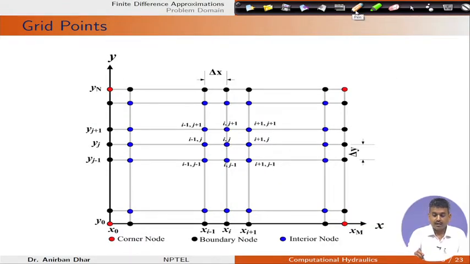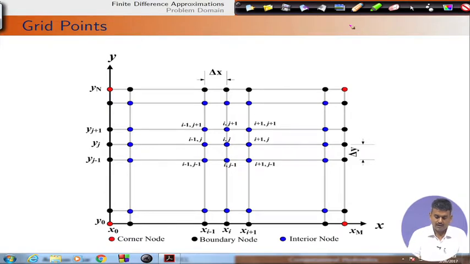So, for that 2 dimensional domain, let us say it is starting from x naught to x m. That means we have m number of segments, and m plus 1 number of grid points or node points in x direction, n plus 1 number of node points or grid points in y direction.